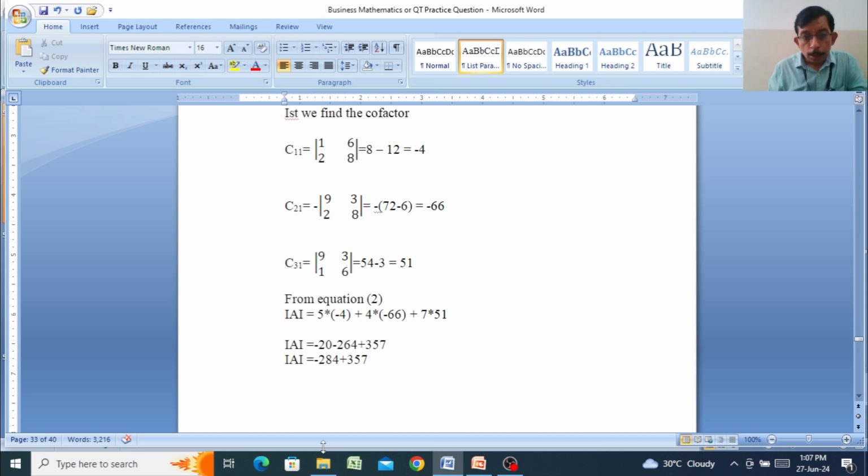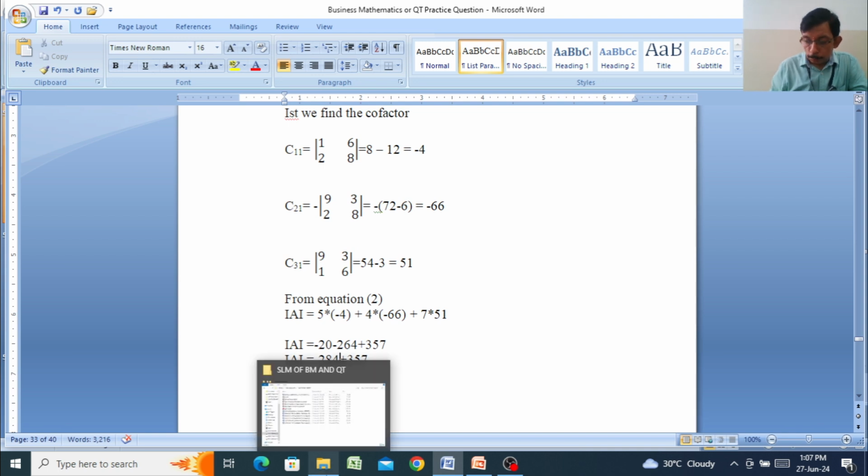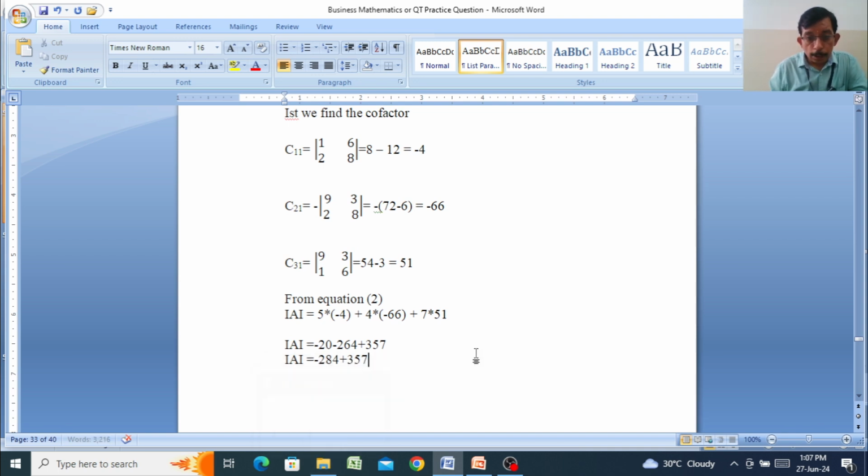Now we calculate the next step, 357 minus 264, the value is plus 73. The value of the determinant is 73.